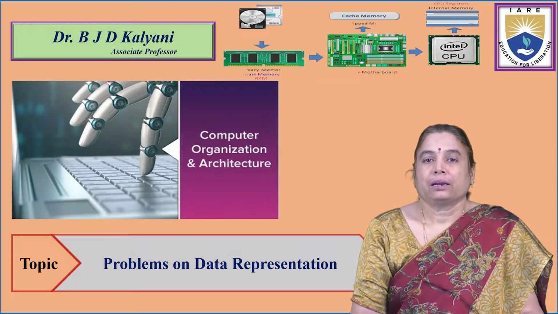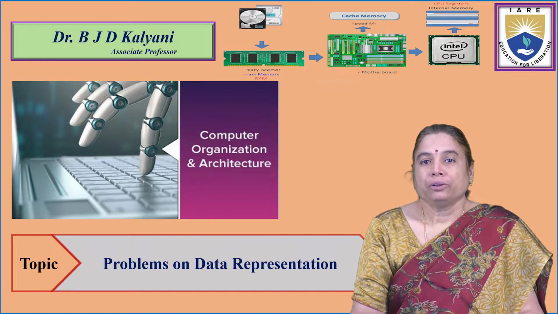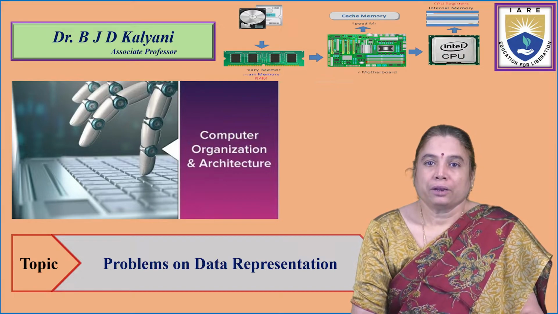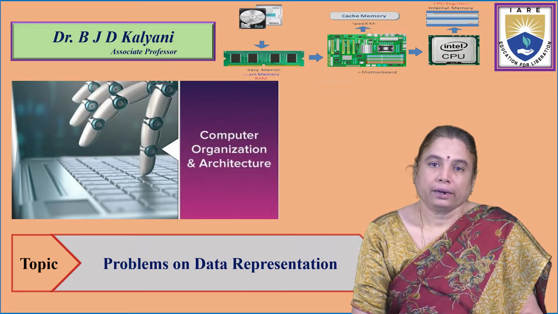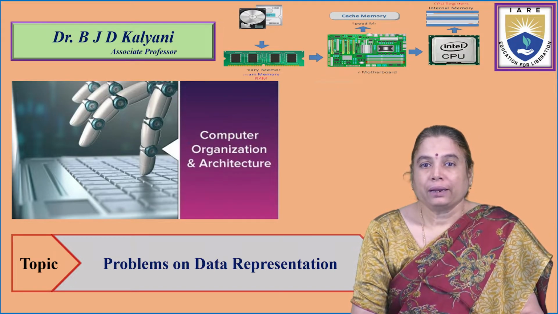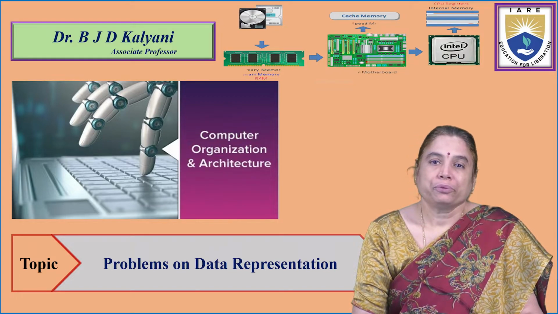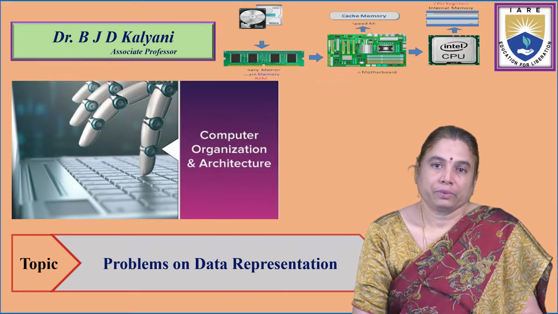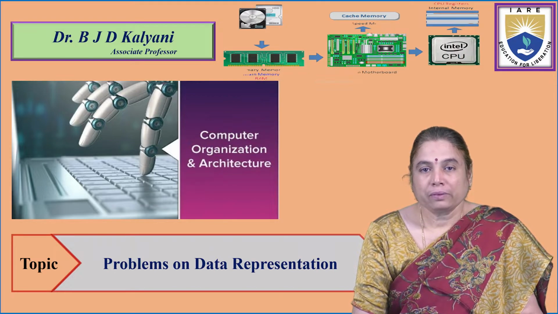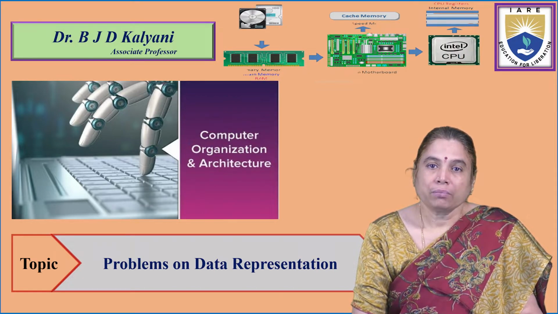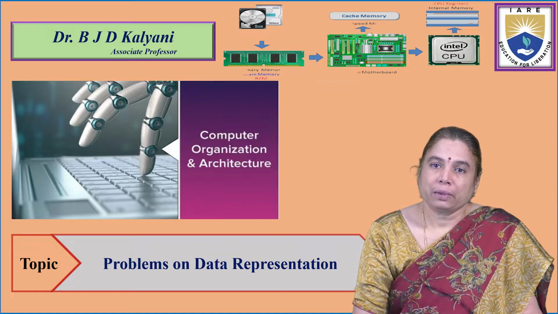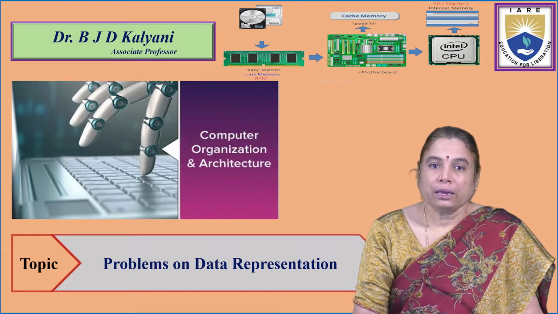Generally, data representation is used to represent numeric data and character data. Numeric data can be represented using various number systems like the binary, octal, hexadecimal and decimal number systems.